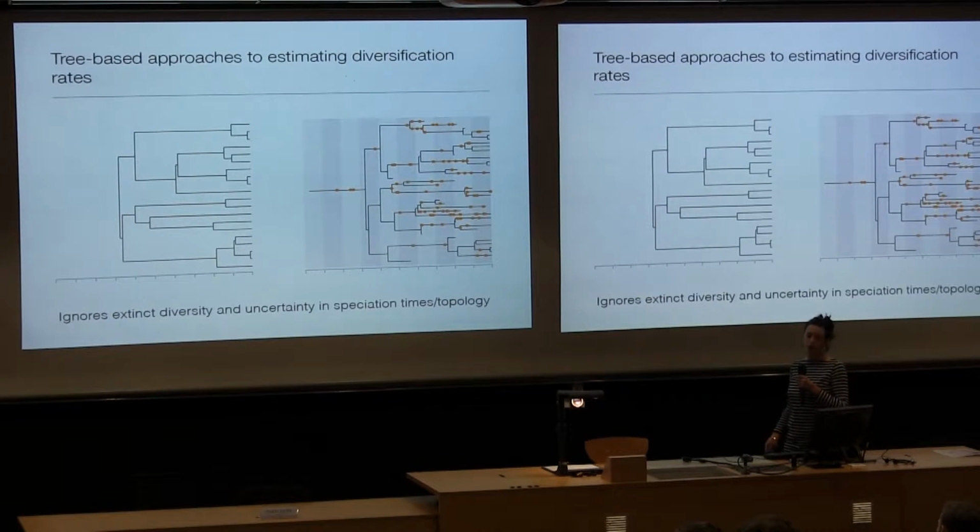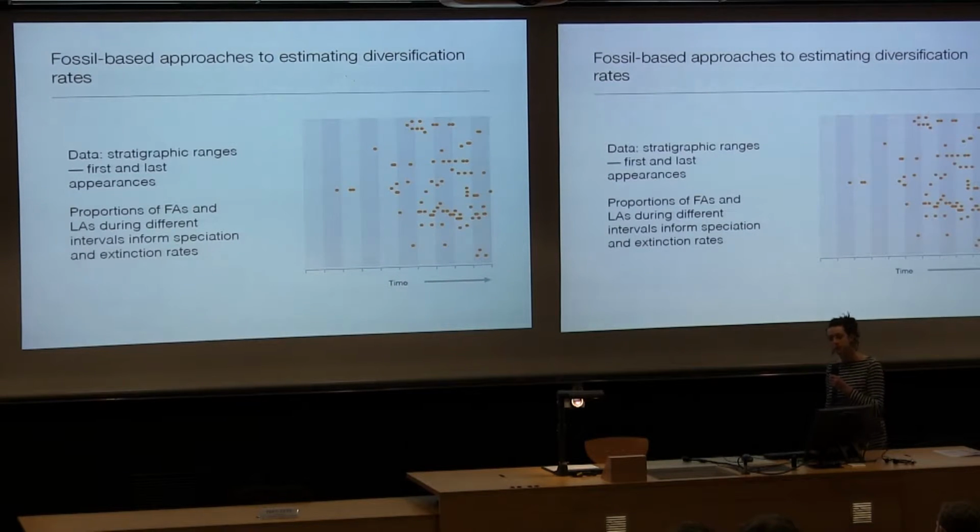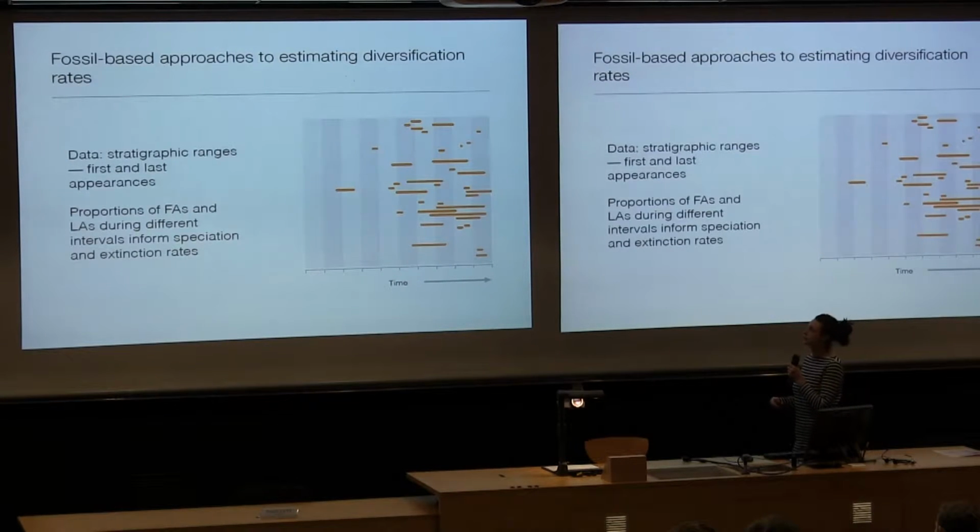The problem with these approaches is that they entirely ignore extinct diversity and don't do a good job of taking uncertainty in speciation times or topology into account. In contrast, paleontological approaches use fossil occurrence data to construct stratigraphic ranges, and the input that they use is the distribution of first and last occurrences during different discrete geological intervals.